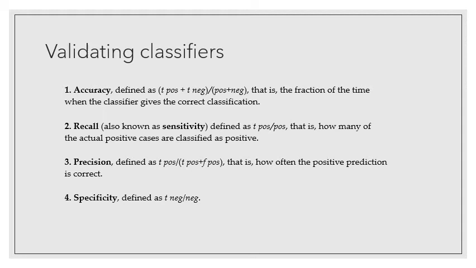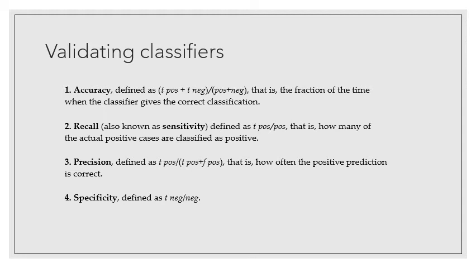Given a set of test cases, let TPOS, FPOS, TNEG and FNEG denote the number of true positives, false positives, true negatives and false negatives generated. Let POS and NEG denote the actual number of positives and negatives. It is easy to see that POS is equal to TPOS plus FNEG and NEG is equal to FPOS plus TNEG.